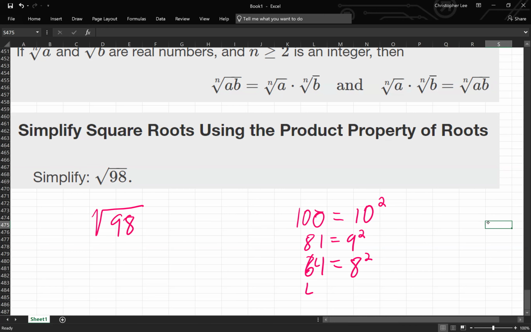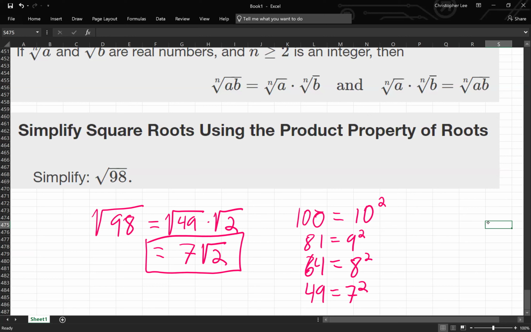How about 49, which is 7 squared? Does that go into 98 evenly? Yes, it does. 98 could get broken down into what? Square root 49 times square root 2. So now the square root of 49 is what? This would be 7 and then square root 2. This will be your final answer.